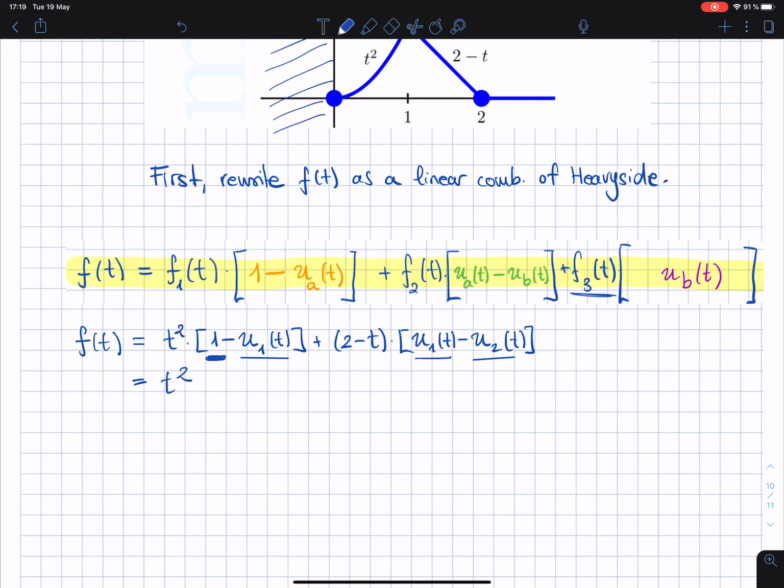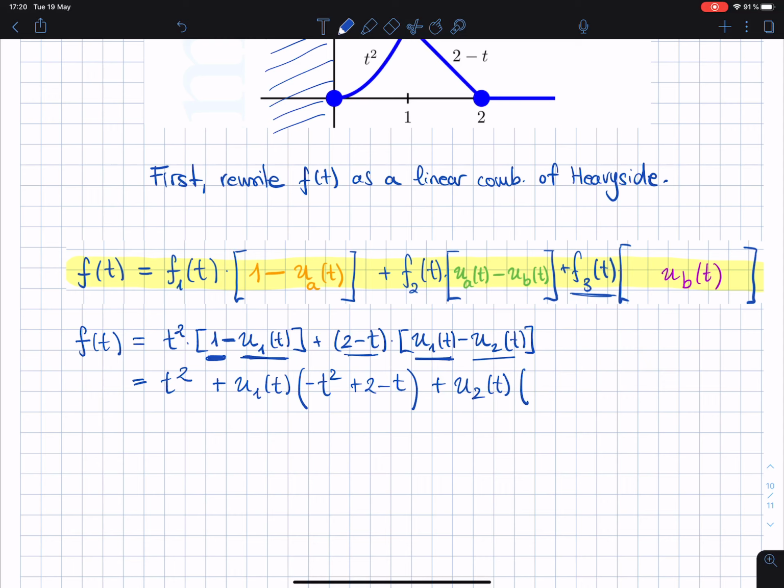Then we have the terms that are multiplying u1. Basically, we have minus t squared, that's already used, and here we have 2 minus t, that is also multiplying u1. And finally, the terms with u2.